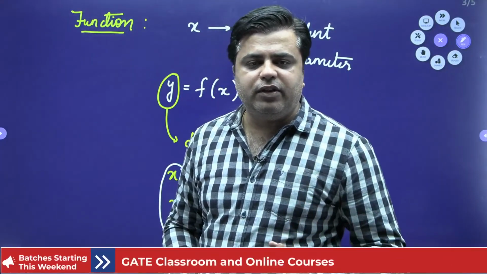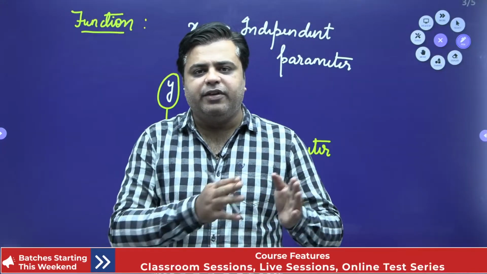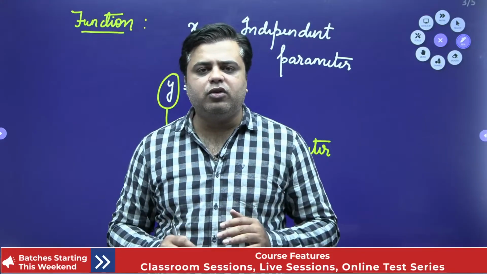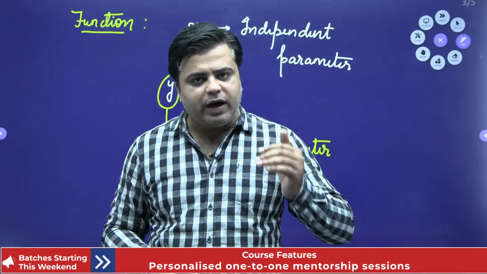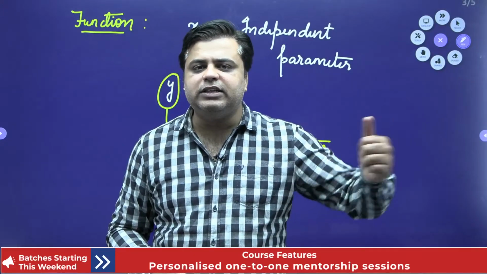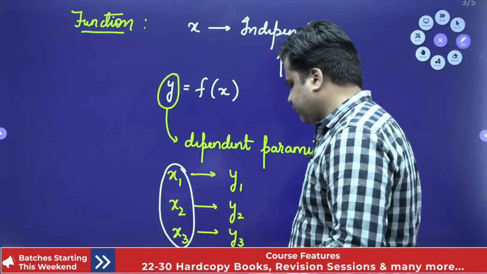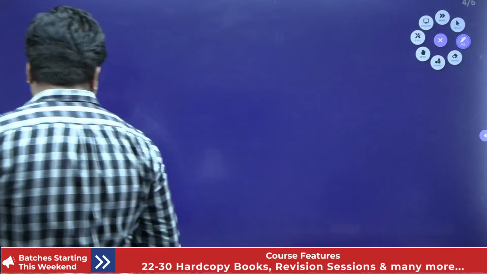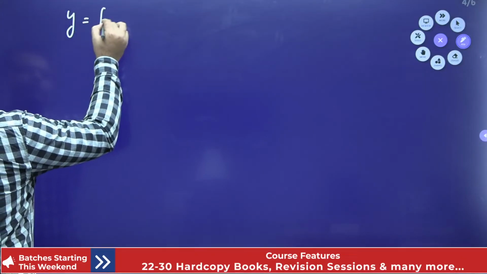From class 11th, we are studying functions and relations, and we exactly know the difference between function and relation. We need not go into that depth, but the first thing you should understand is that if y is changing with the changing value of x, then y is a function of x, right? Okay, so I have a function y is equal to f(x).